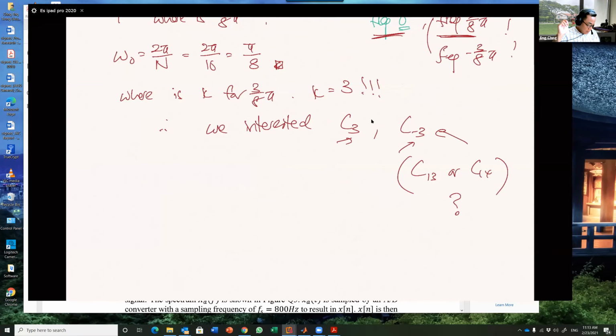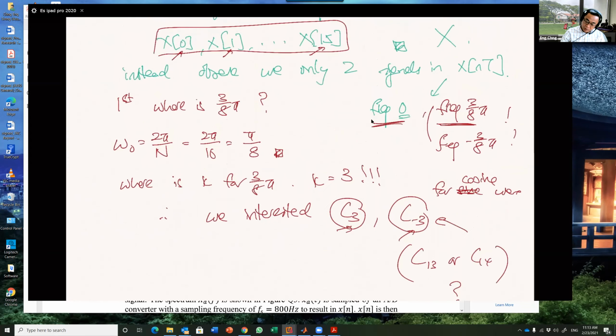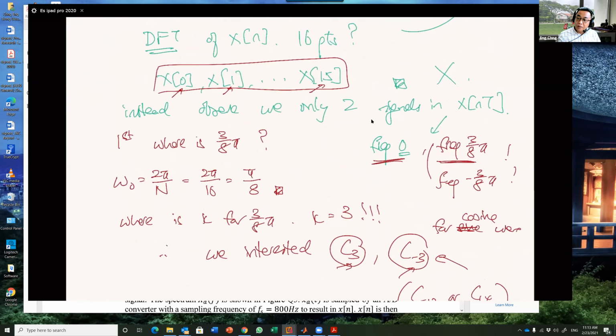So anyway, what we then do is that we know that we only have C3 and C minus 3 for the cosine wave. What about minus 2, frequency 0?